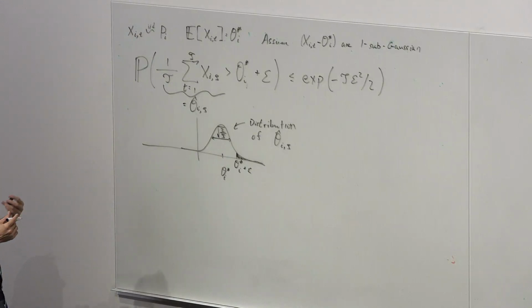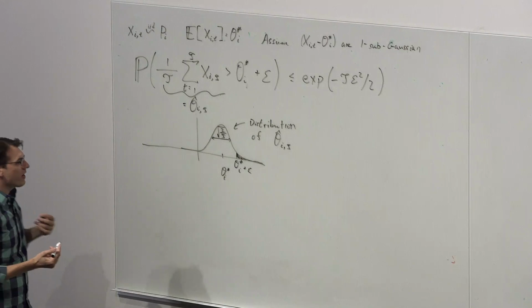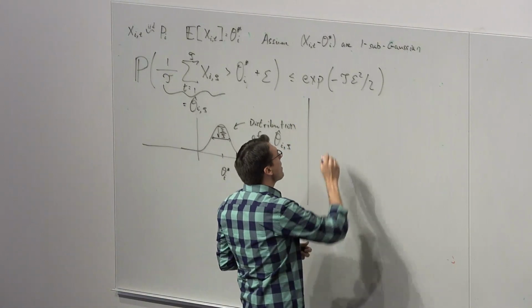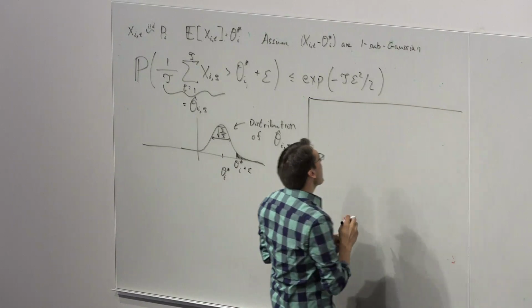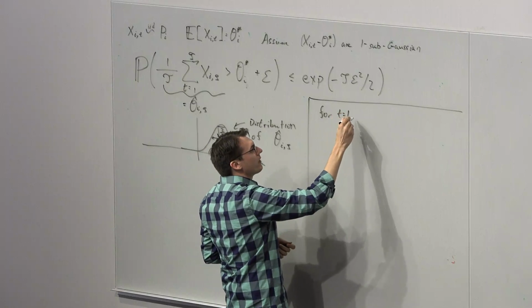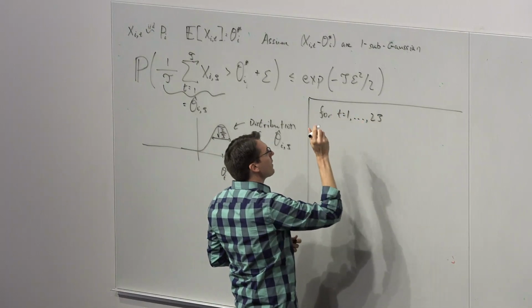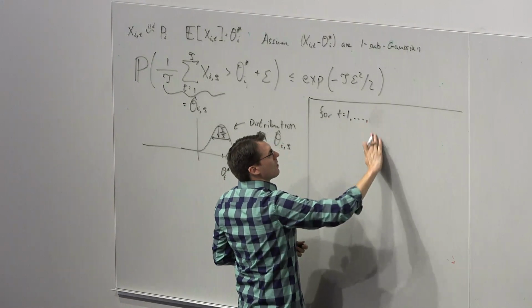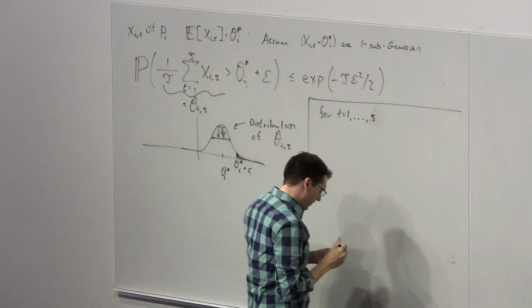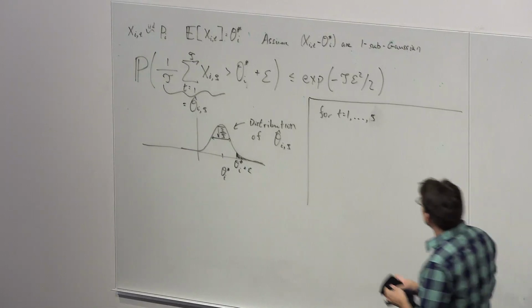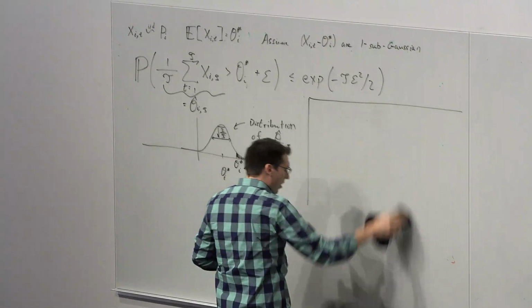So what we did last time, as our first approach at an algorithm, was: for t equals 1 to 2 tau, how about for the first tau times I sample the first arm, and from tau plus 1 to 2 tau, I sample the second arm.